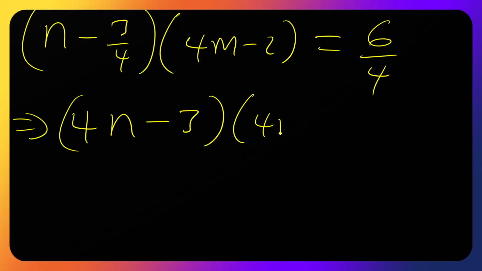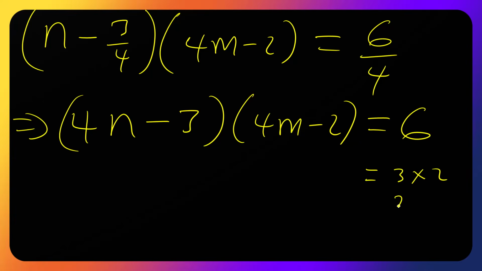We have 4m minus 2 equals to 6. So remember, 6 can be written as 3 times 2, 2 times 3, 6 times 1, and 1 times 6. So you get 1, 2, 3, 4 cases.